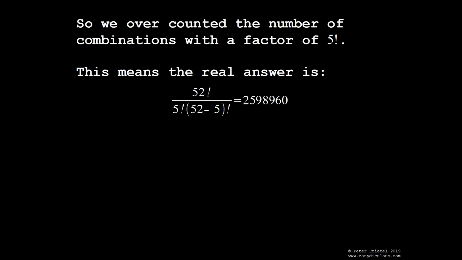And then the real answer is 52 factorial divided by 5 factorial, which is the correction, times 52 minus 5 factorial. Which is not so big a number, still quite big though, but 2,598,960, considerably less than the other one.